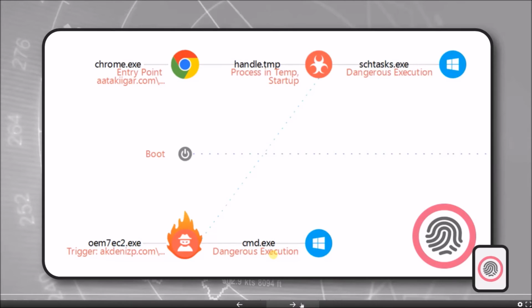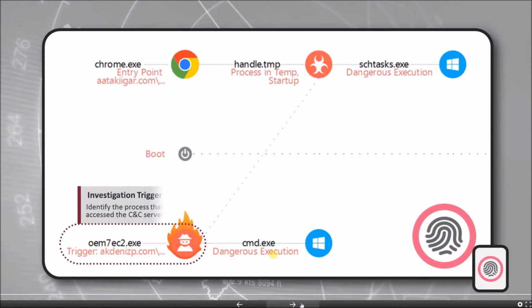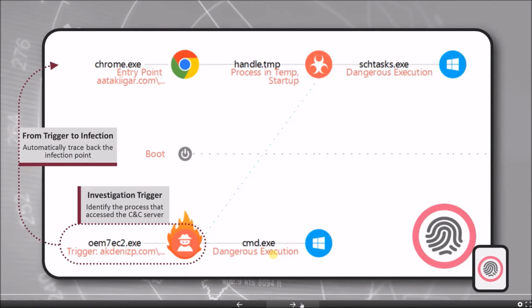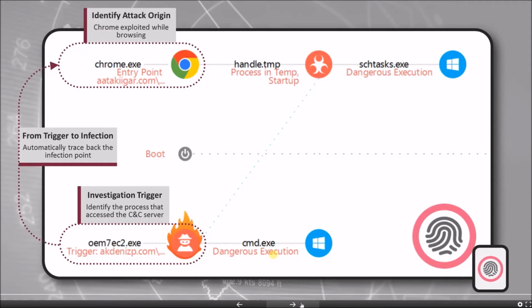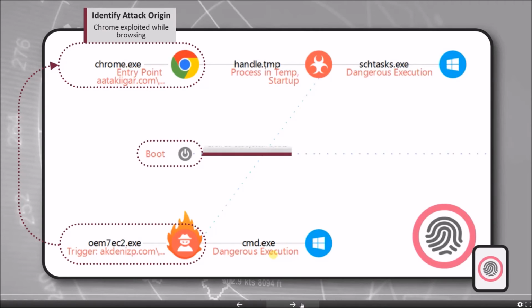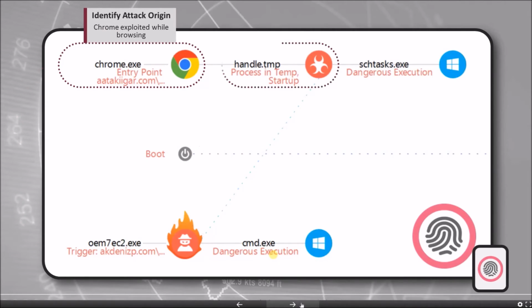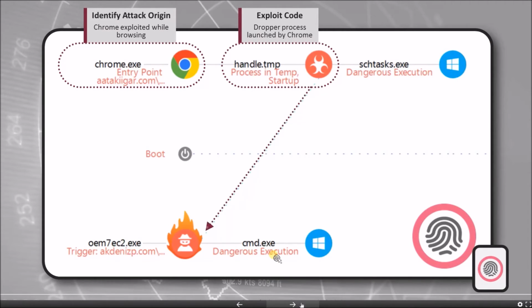Now within the log server, you're able to open up a forensic report and see things like, okay, if we triggered on this OEM7EC2.exe file, where did that file come from? Well, it looks like that file came from the handle.temp process that was started in the temp directory, which was created by chrome.exe when it went to that aatagiigar.com website, which was obviously an infected website.